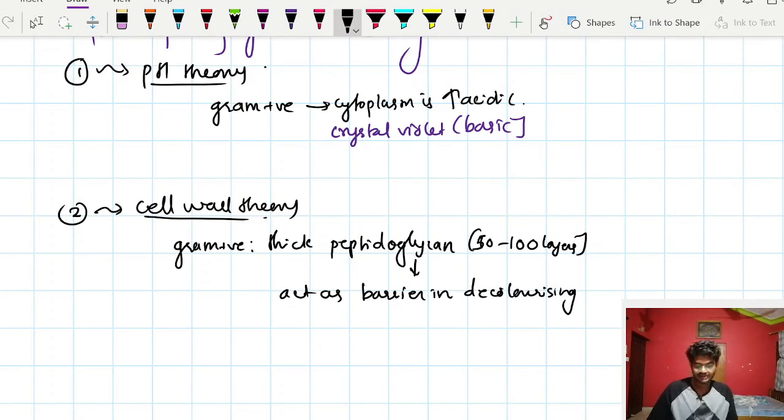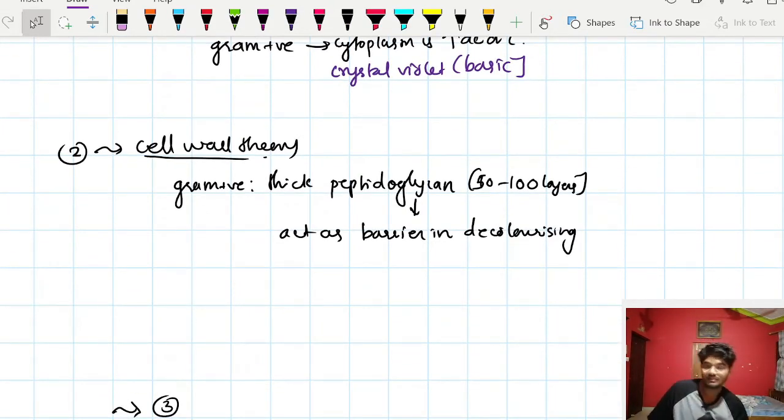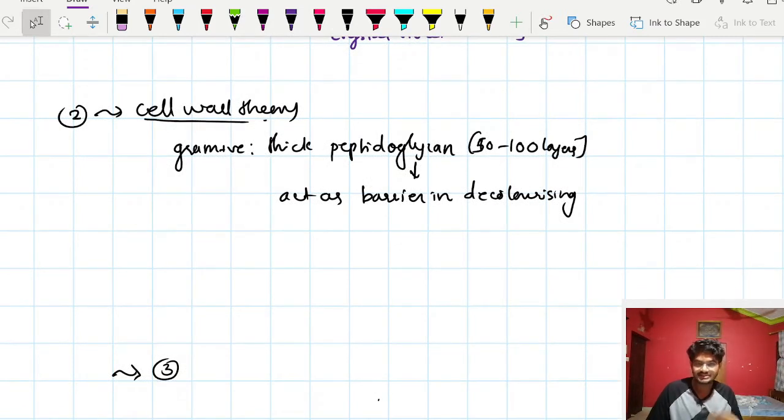So you see, once the primary stain gets inside the cell, it will form a complex with our mordant, that is, the iodine complex will form. This complex has a huge size. So the thick barrier of peptidoglycan acts as a barrier that stops the iodine complex from moving out. So gram positive bacteria will retain the primary stain, whereas when we add the decolorizing agent to gram negative bacteria, due to less peptidoglycan, this complex can easily be washed out.